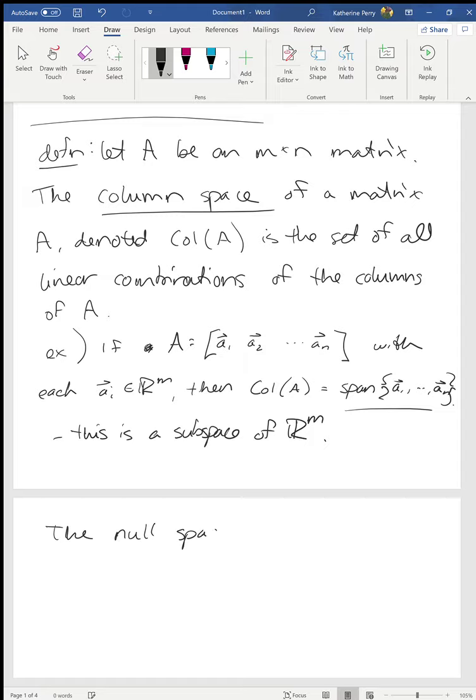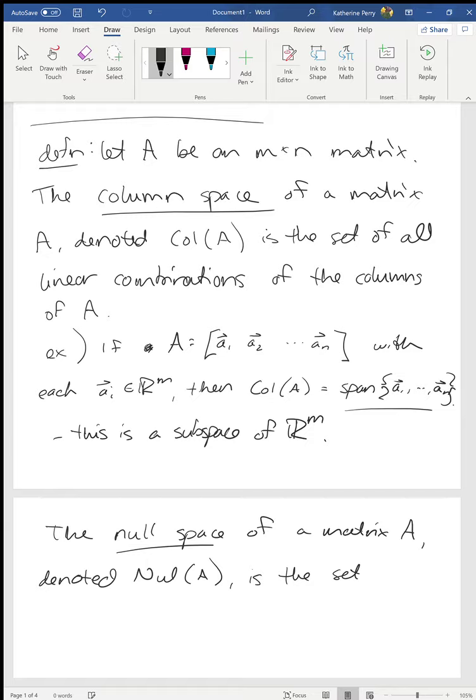The null space of a matrix A, denoted null of A, is the set of all solutions of the homogeneous equation A times x equals 0.